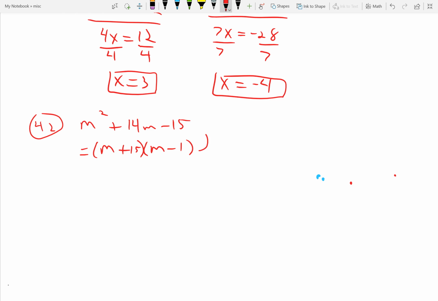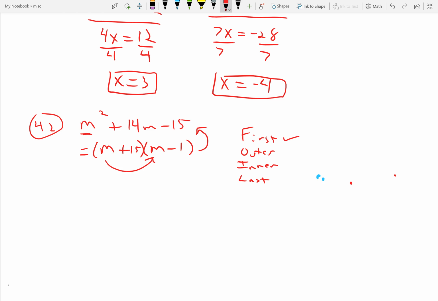You can verify that this thing is equal to this thing by m times m will give m squared. And probably she may have used this acronym FOIL: first, outer, inner, last. M times m is m squared.